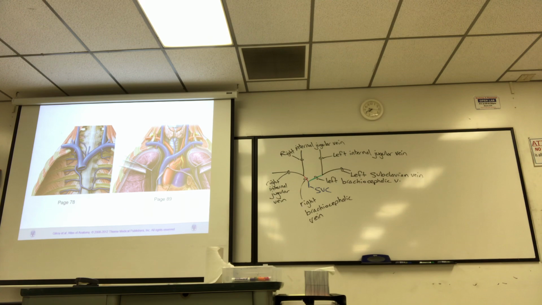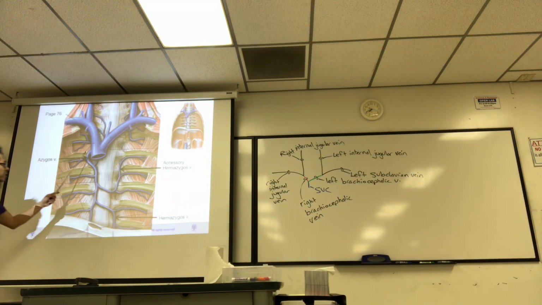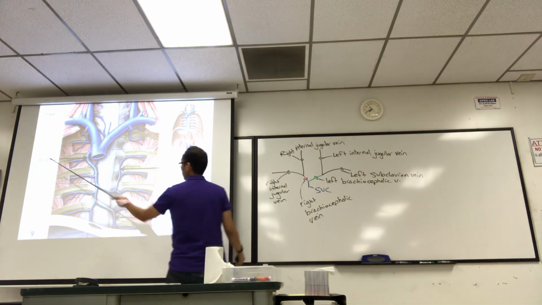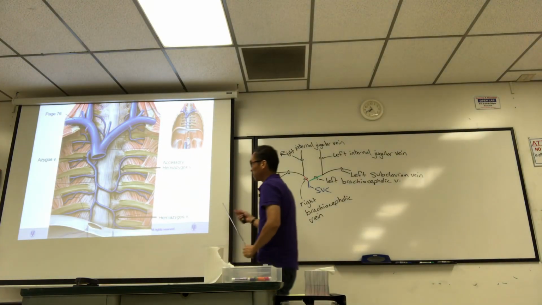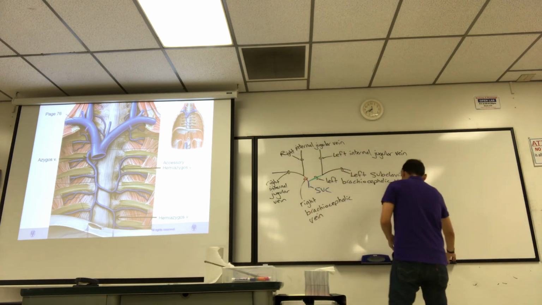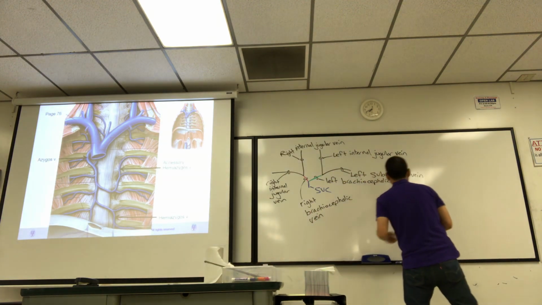There are other chest veins that drain into the subclavian vein here, these two, the azygous and accessory hemiazygous veins.